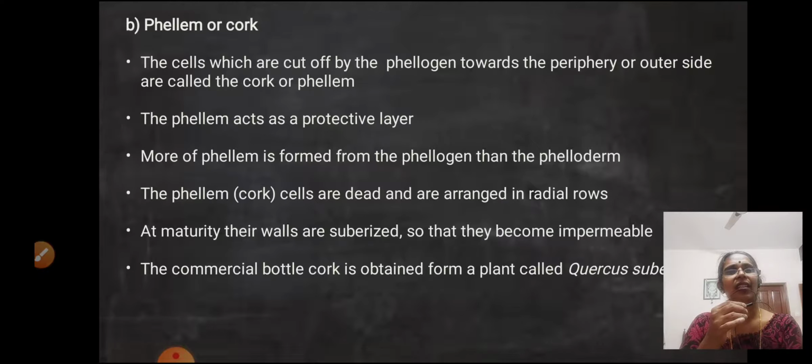The cork cells are dead cells. They are arranged in radial rows, and at maturity their walls are suberized so that they become impermeable. The commercial bottle cork, which we usually use to close bottles, is obtained from the plant called Quercus suber.